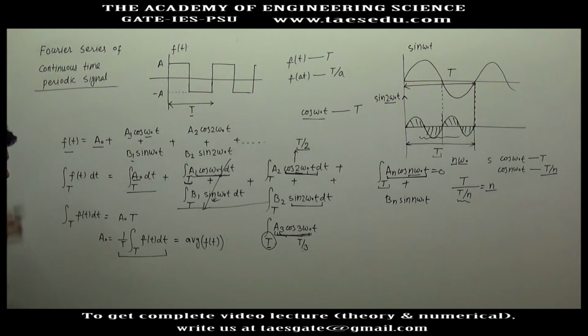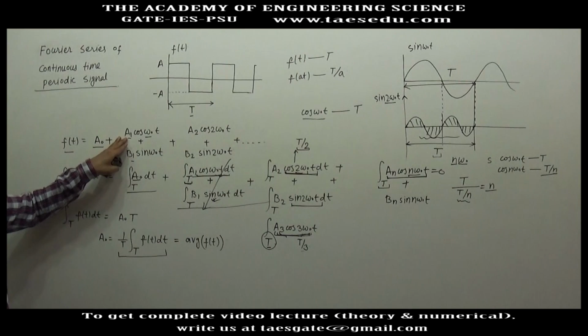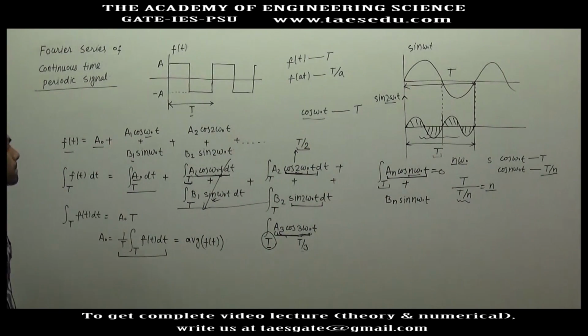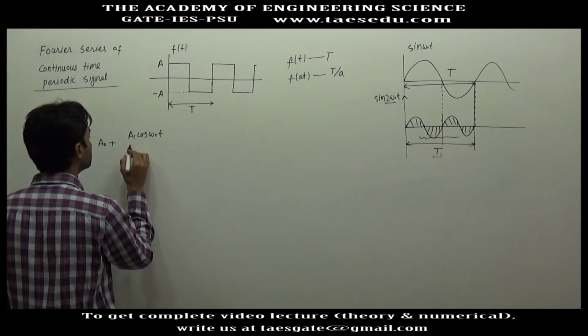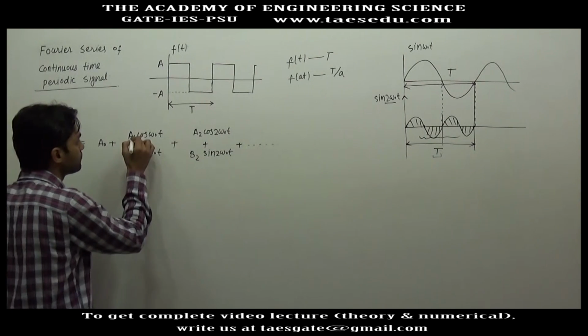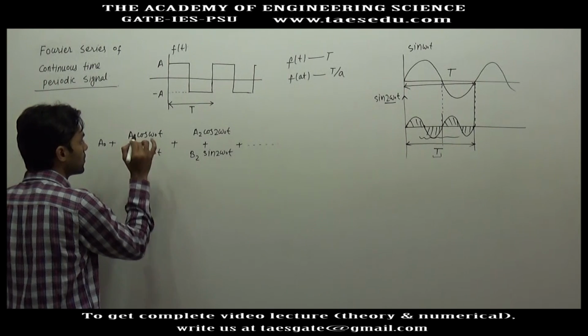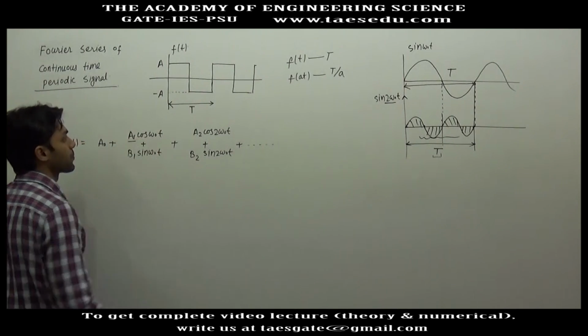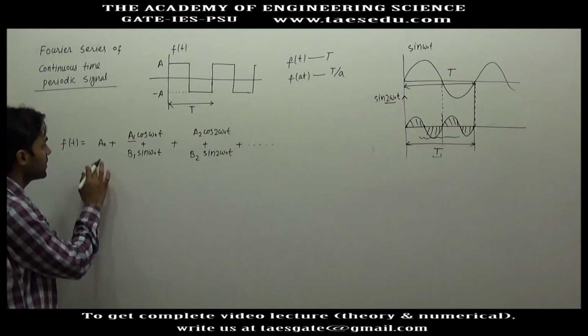Now we will again multiply both sides, to find the coefficient a1. How did we find a naught?